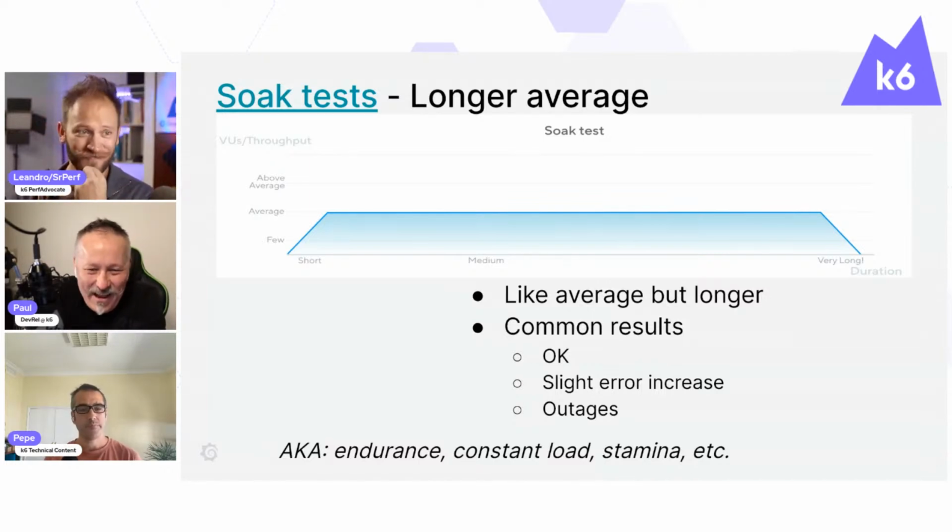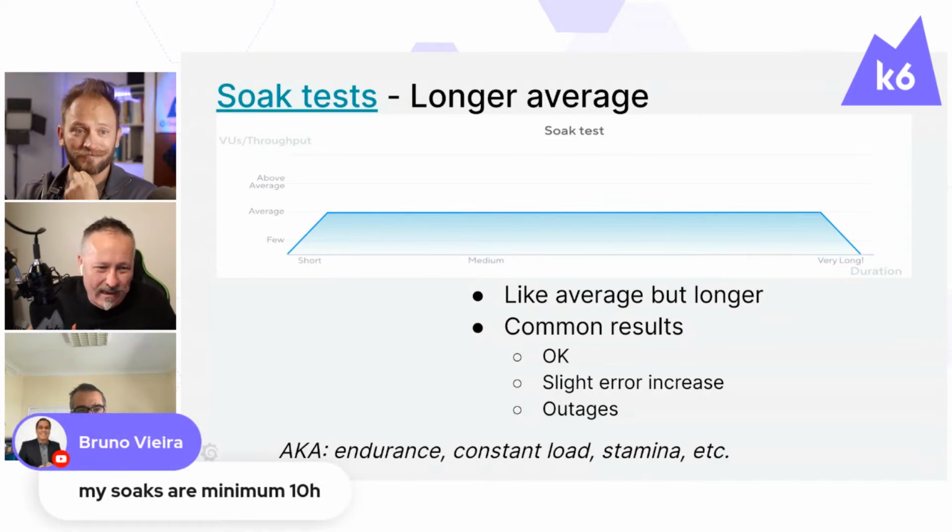That's funny. Bruno mentioned in the chat that his soak tests are a minimum of 10 hours. That's rough, I would say, a little bit high, but I like it because then you can really see. We usually have 12-hour cycles in our systems: things rebooting, batch processes, people coming, people going to sleep.